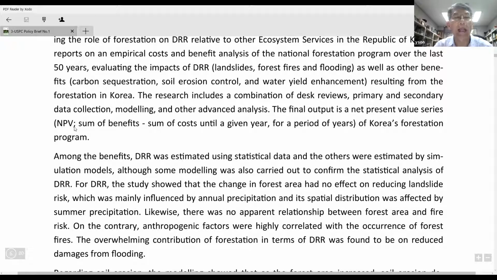In other words, NPV equals sum of benefit minus sum of cost. A very simple equation. We summed all benefits, we summed all costs, and then we subtracted these costs from these benefits.